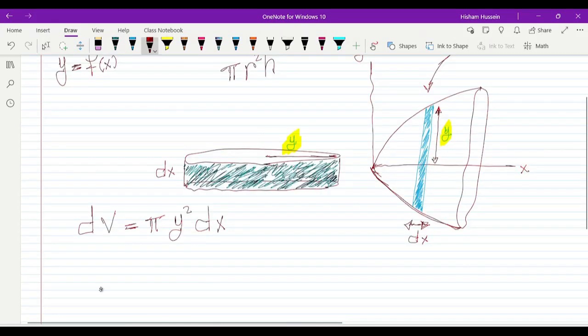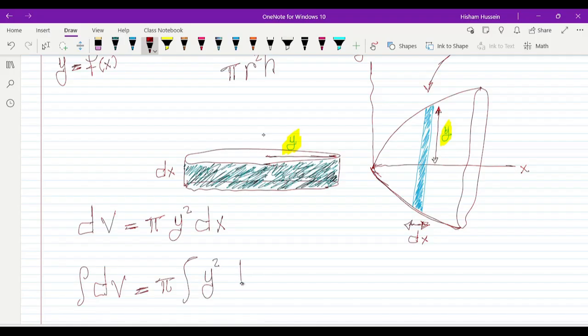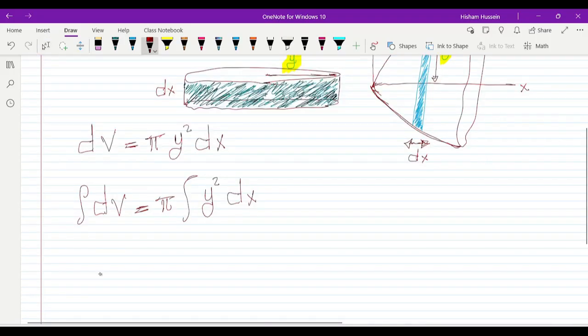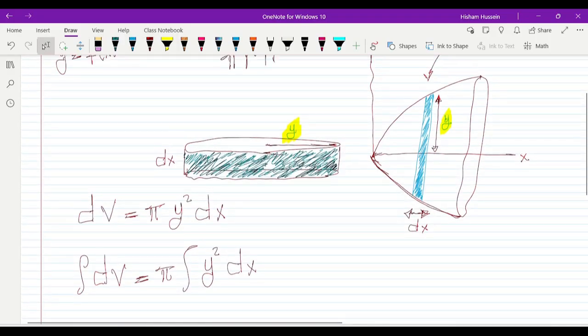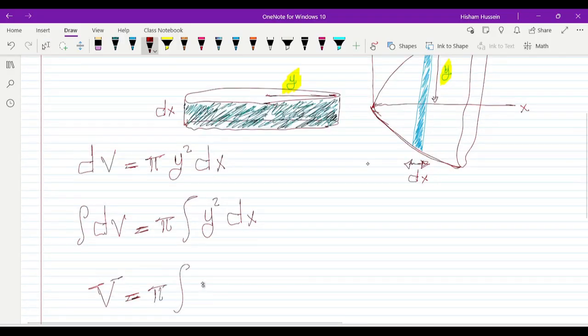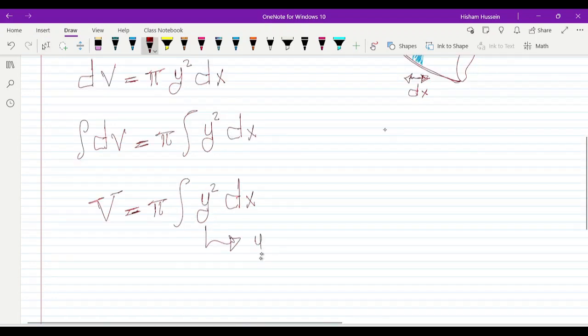To find the volume of the whole shape, integrate both sides. The integral of dV equals pi, which is a constant, times the integral of y squared dx. So the volume of the whole shape is pi times the integral of y to the power 2 dx, where y is a function of x.